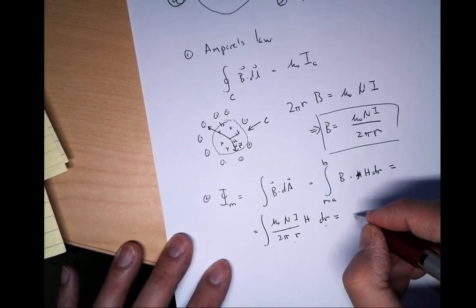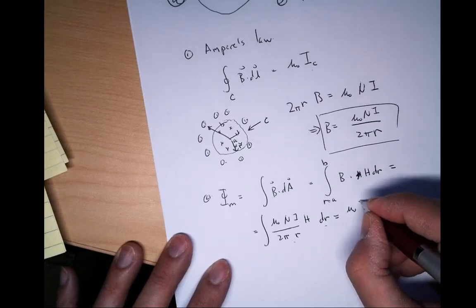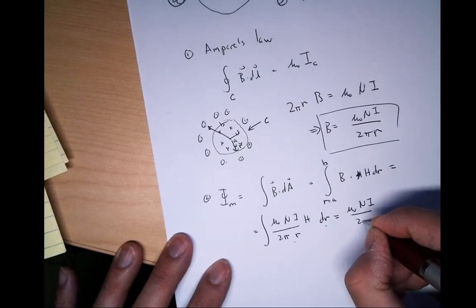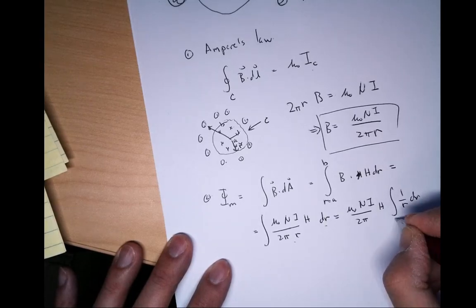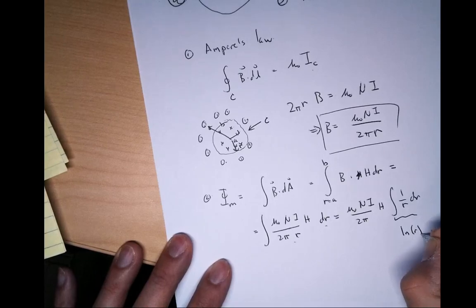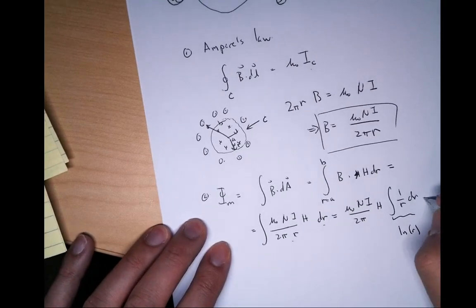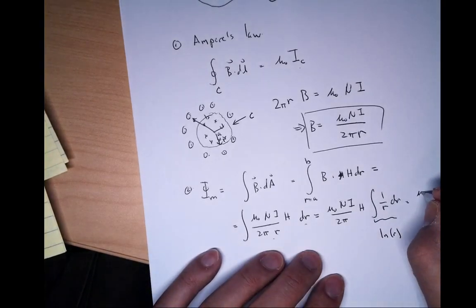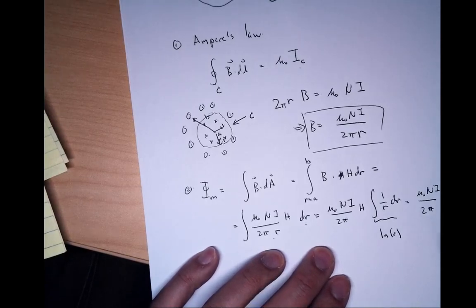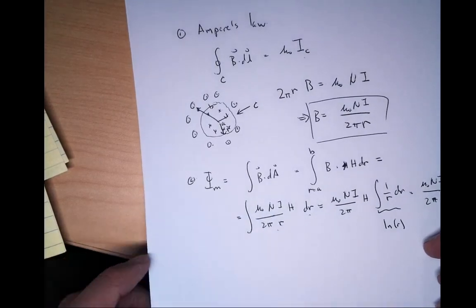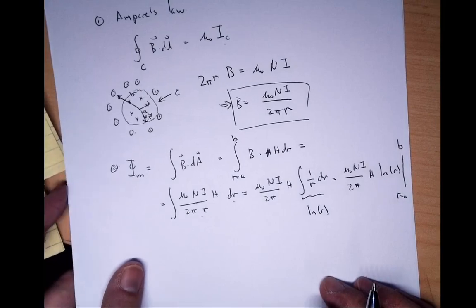So this is going to be equal to mu 0 N I over 2 pi times h times the integral of 1 over r dr. This is the natural log of r. So this is equal to mu 0 N I h over 2 pi times the natural log of r evaluated from r equals a to b.